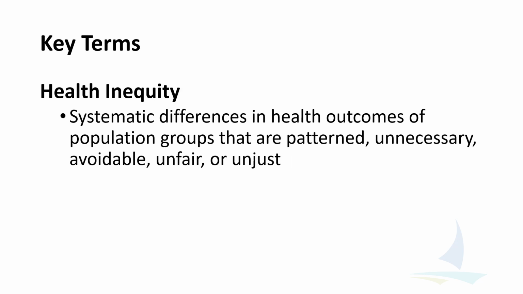Health inequity refers to differences in health outcomes that are systemic, avoidable, and unjust. Health inequities are not random. They are patterned and rooted in societal structures. Therefore, because they are socially determined circumstances, they are actionable.